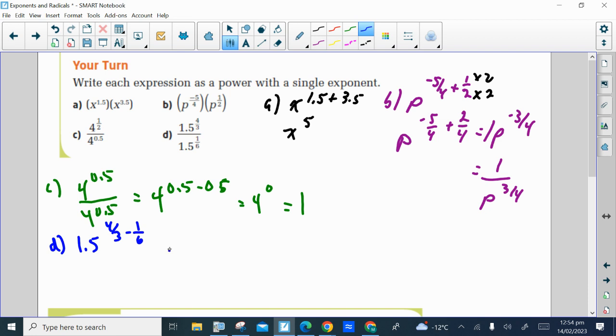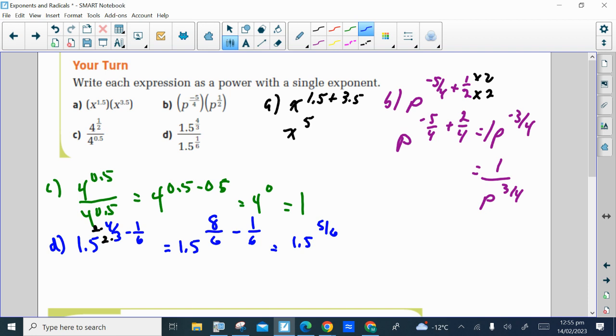Yeah, I've got denominators of 3 and 6. They have to be the same. And the least common multiple of 3 and 6 is 6. That's the smallest number that they both divide into evenly. To make the 3 become a 6, you have to multiply by 2, so you must multiply the top by 2 as well. So that'll become 8 over 6 minus 1 over 6, which is 5 over 6.